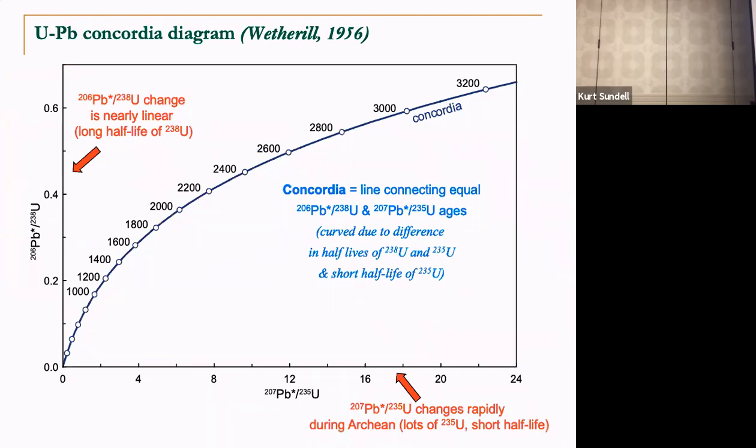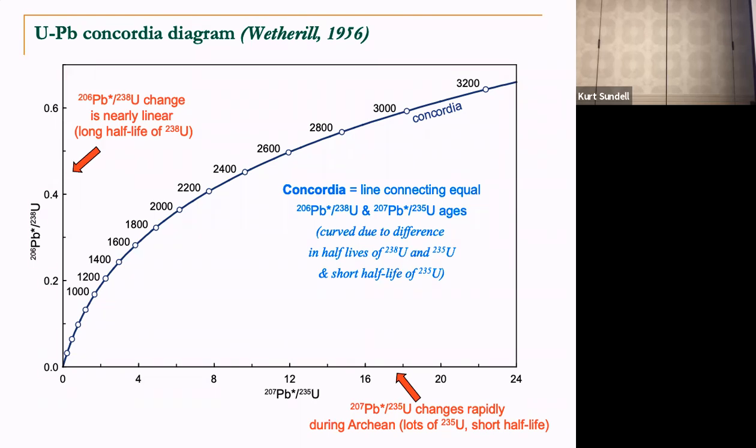So you guys have probably all seen a Concordia diagram at this point in your careers. The way that these things work is that we have lead-207 to uranium-235 on the x-axis, lead-206 to uranium-238 on the y-axis. And then we have this line here, which is called Concordia. Any place where these ages are the same will follow along this line.